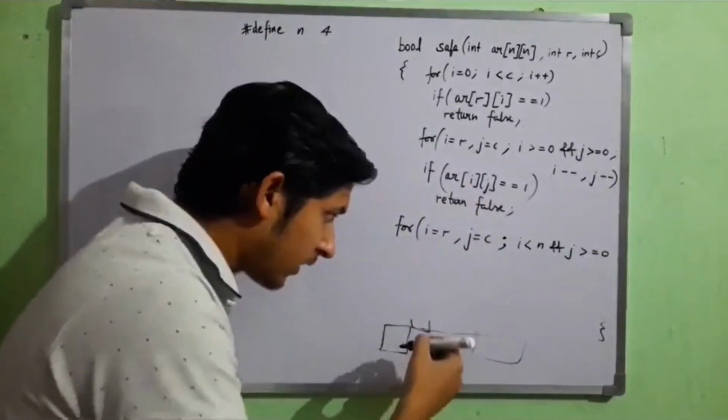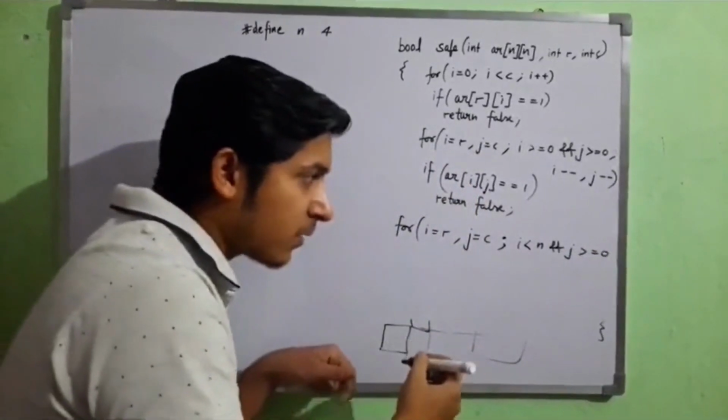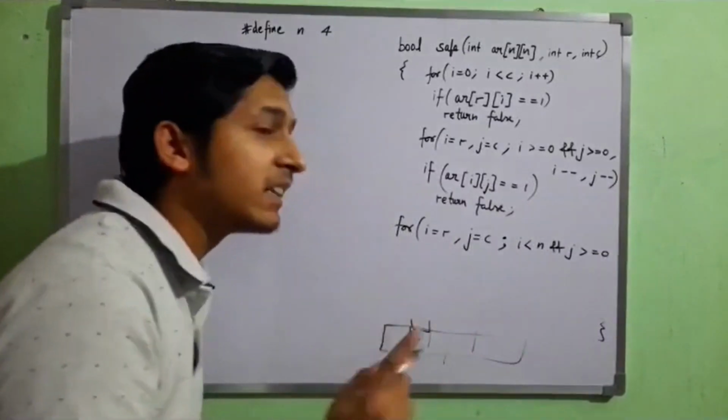So this way the number of rows is increasing but the number of columns is reducing.